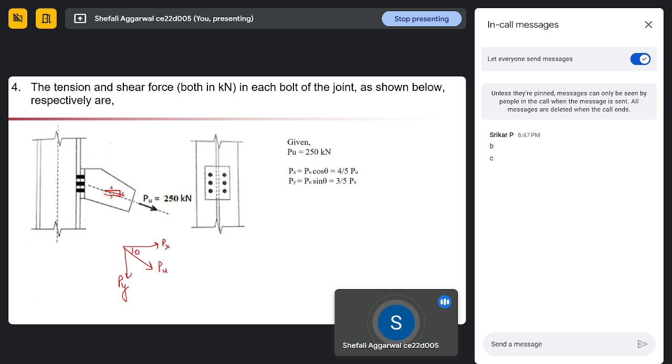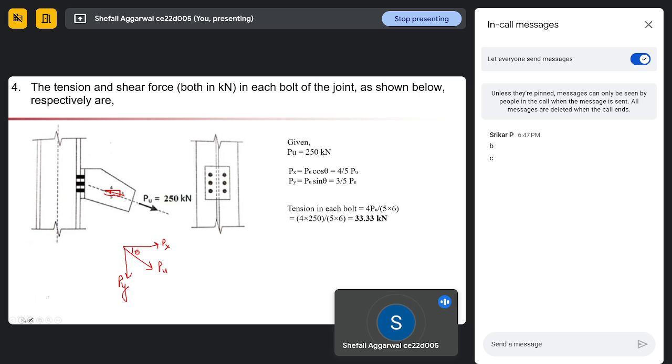This is our theta angle. So Px will be given by cos theta and Py will be given by sin theta. If this is a theta angle, then base is 4, hypotenuse is 5. We can calculate Px, and Py we can calculate the same way. Okay.